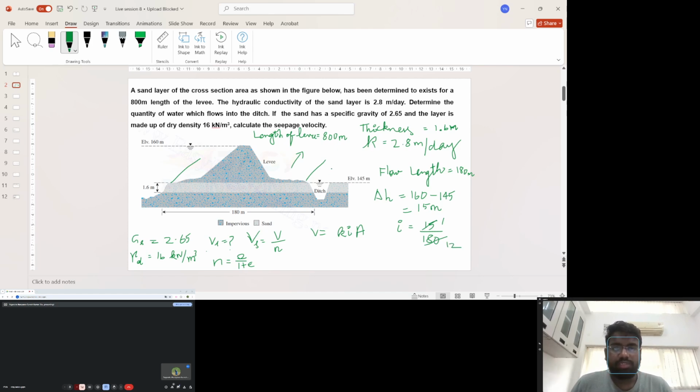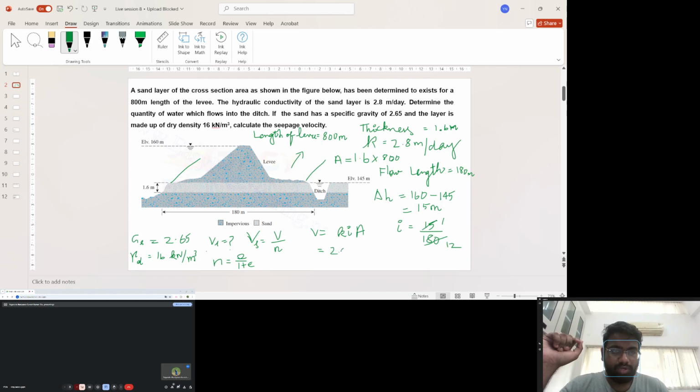Now coming to the cross-sectional area. Let us assume a rectangular cross-section. So that is the length of the levee into the thickness, which will be 1.6 into 800. Now let us substitute it.